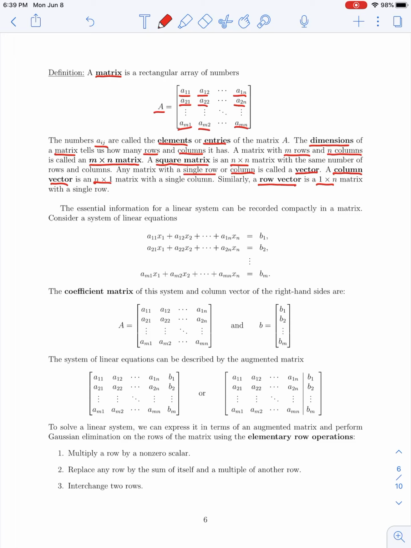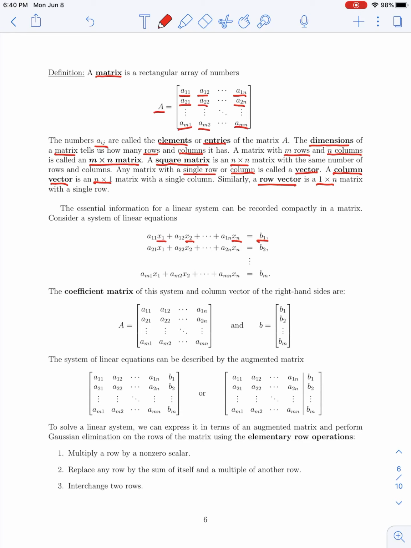So when we are talking about solving linear systems, we can write all of the essential information for our linear system more compactly by using a matrix. So let's consider a general system of linear equations, say in the variables x1, x2, up through xn. And altogether we have m equations. So in our first equation, this linear combination of x1 through xn is equal to b1.